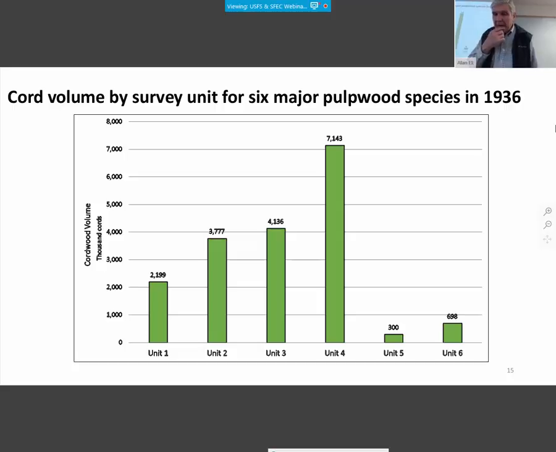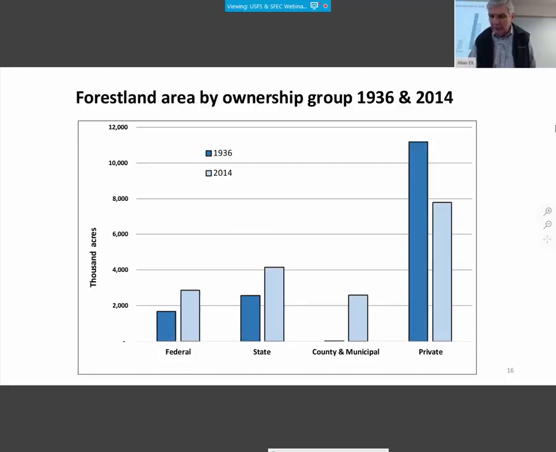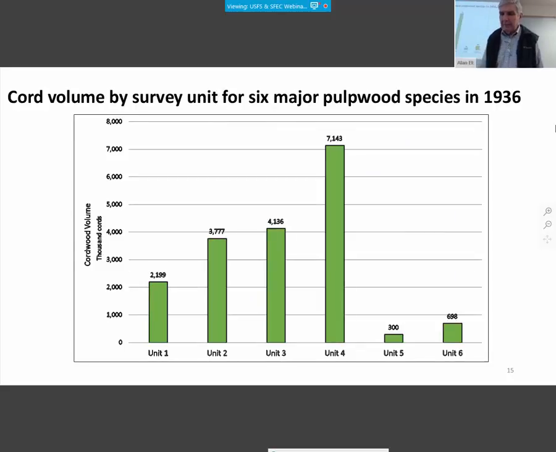If we look at the cordwood volume by survey unit for the 6 major pulpwood species, Unit 1 is in the northeast, but not the far Arrowhead region. Unit 2 is the central pine region of the state.